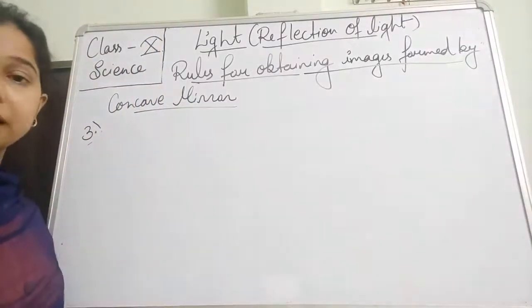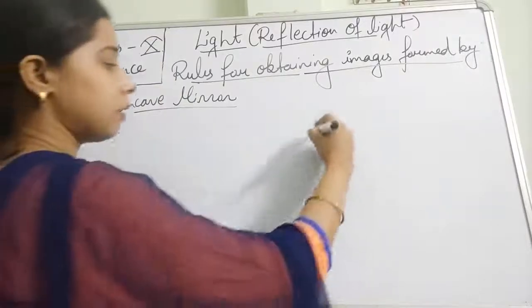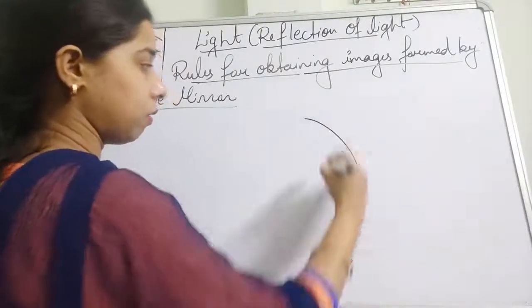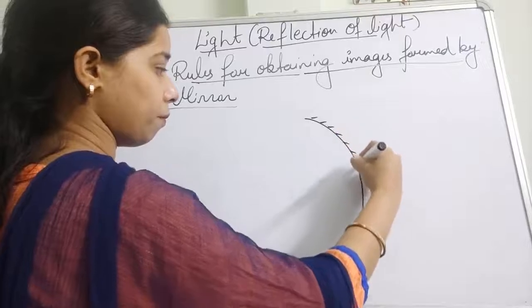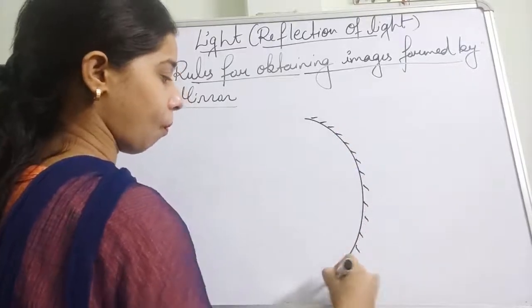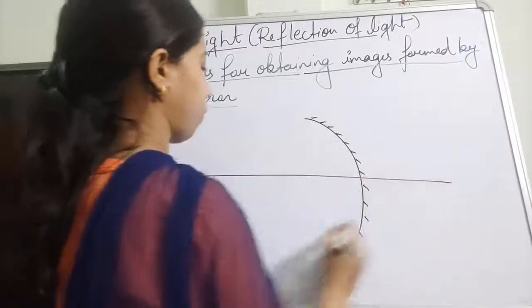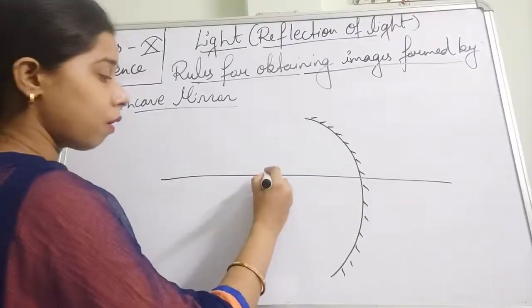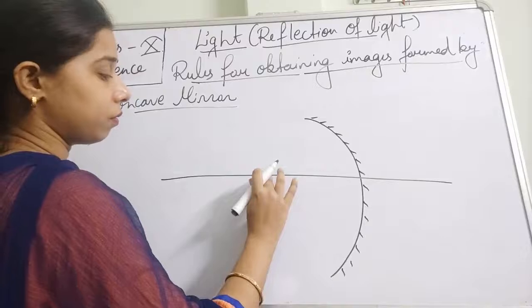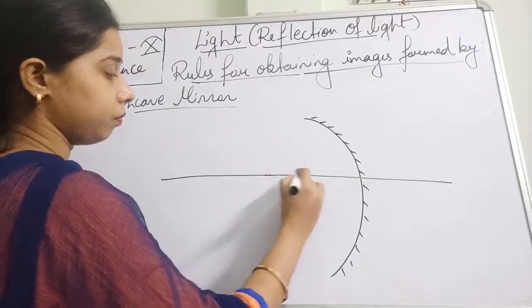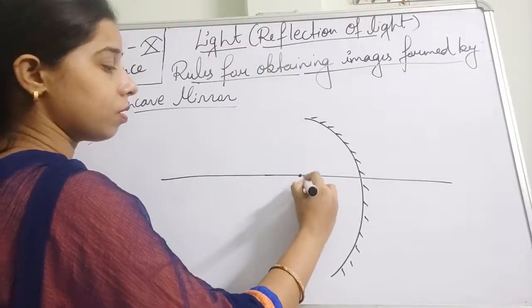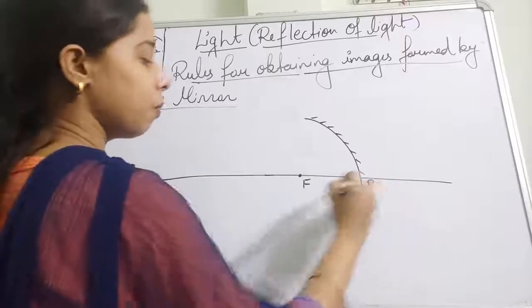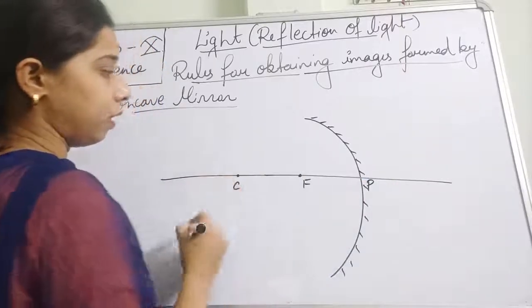And the diagram is like this. Suppose this is the focus, this is the pole, this is the center of curvature.